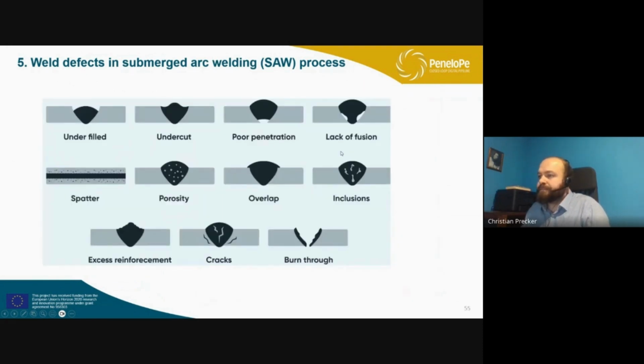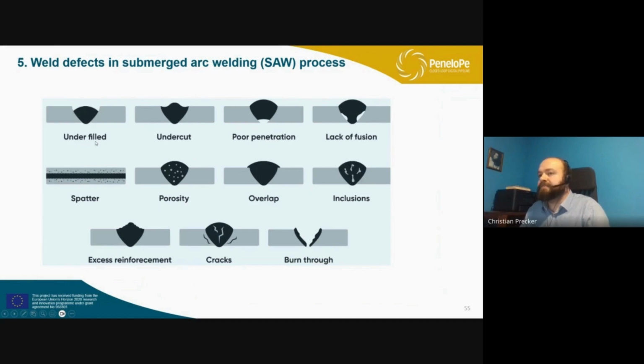And what is important is to know the kind of defects that can appear in this process. For example, as I told you, we have a V shape here, a bevel, and you fill it with the weld.